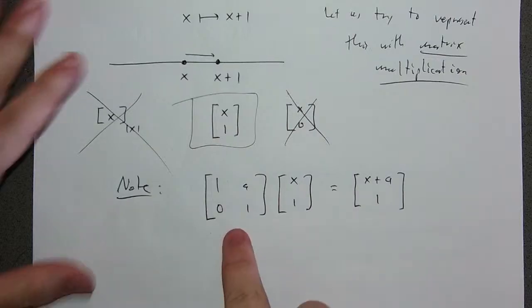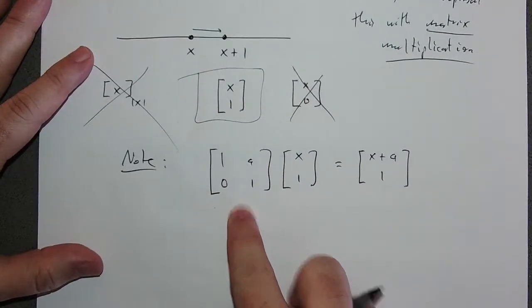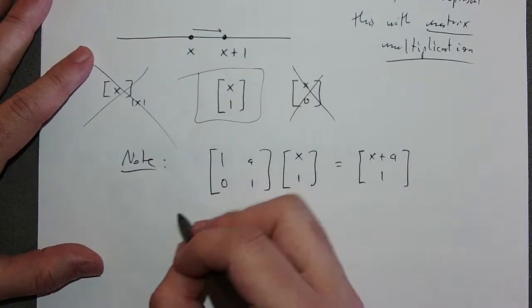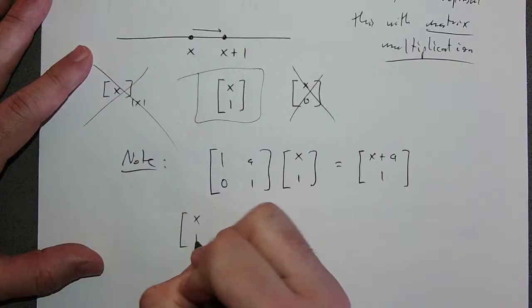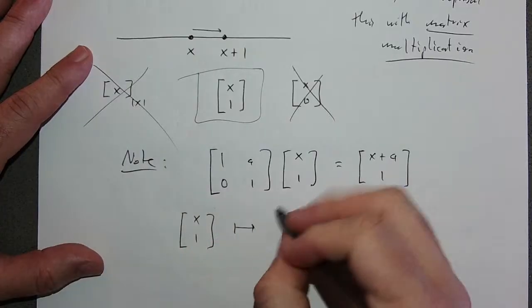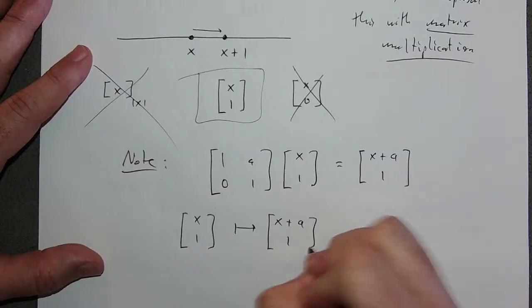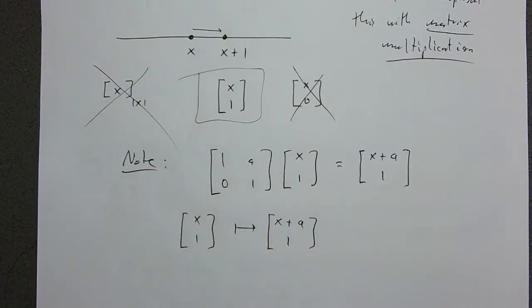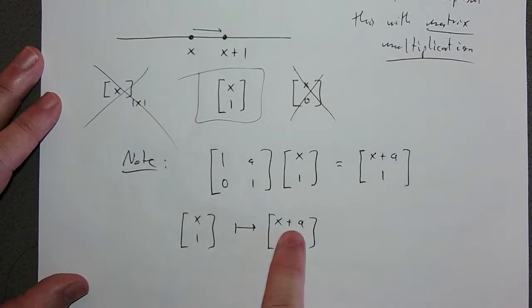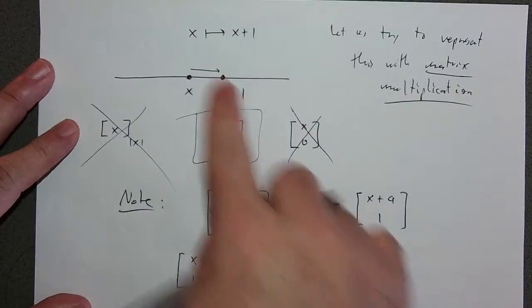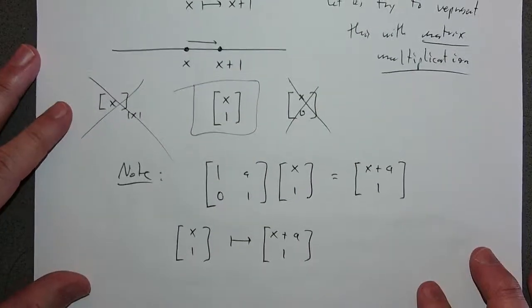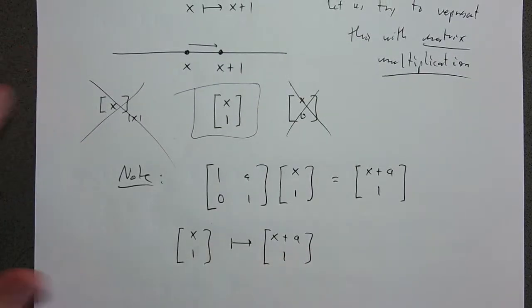So this matrix, if that's my transformation, takes my vector x, 1 and sends it to a similar vector x plus a, 1. Is that essentially what I'm doing here? I've just basically relabeled what's happened. And the answer is, yeah, that's basically what has happened.